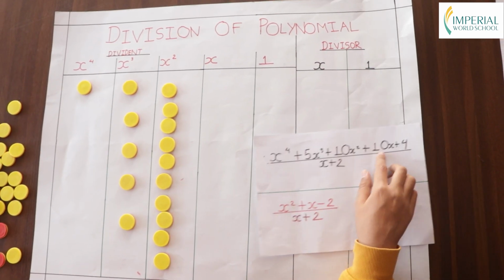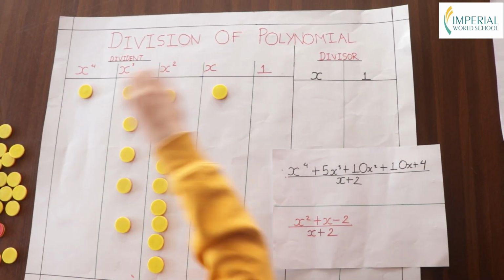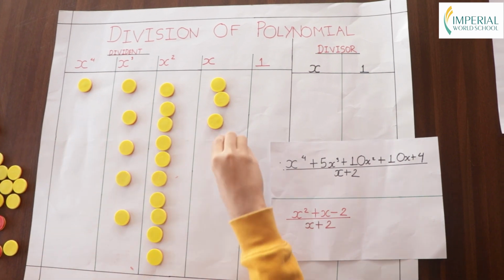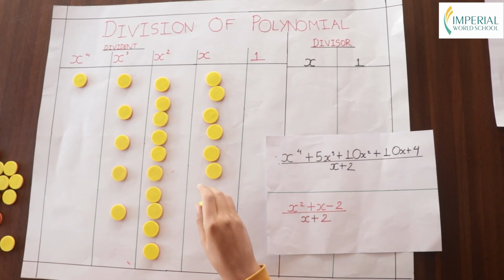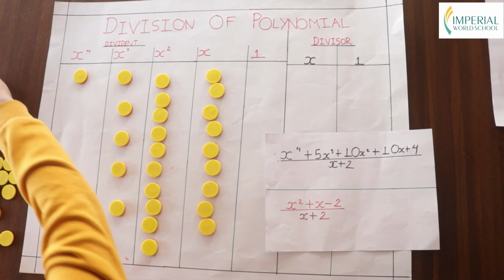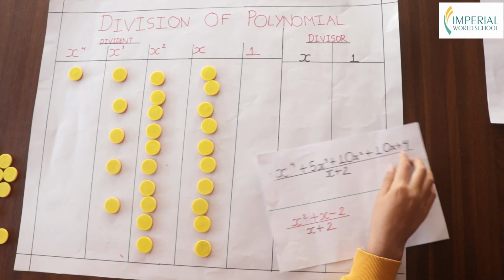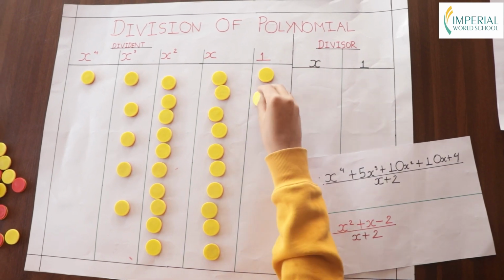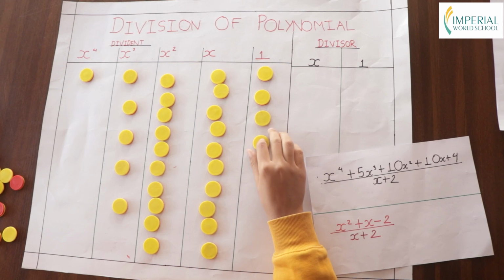Again, we have 10 in the x section, so I'll be placing 10 counters. Here we have 4 as a constant, so again I'll be placing 4 yellow counters in the constant section.